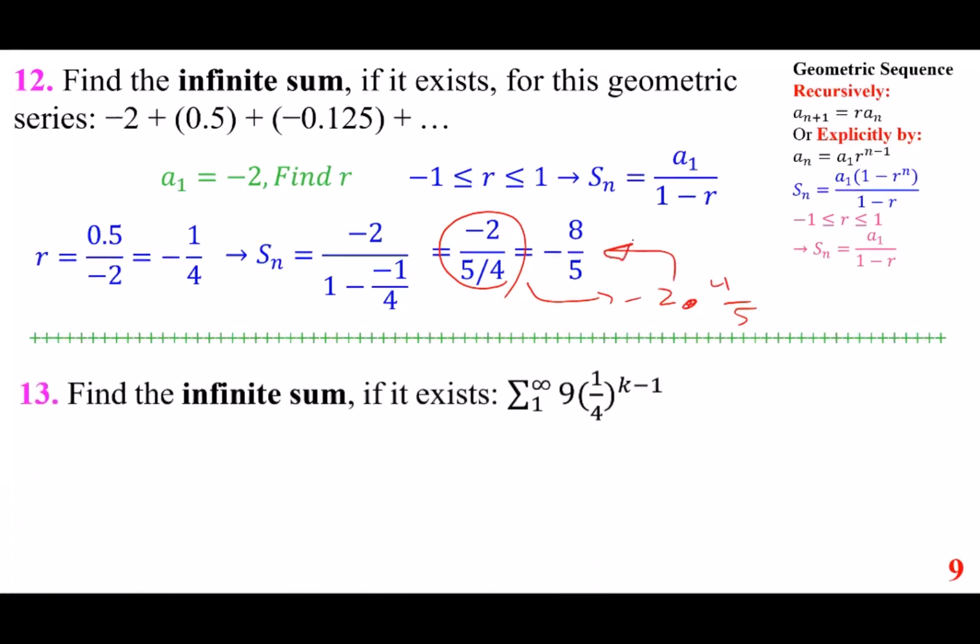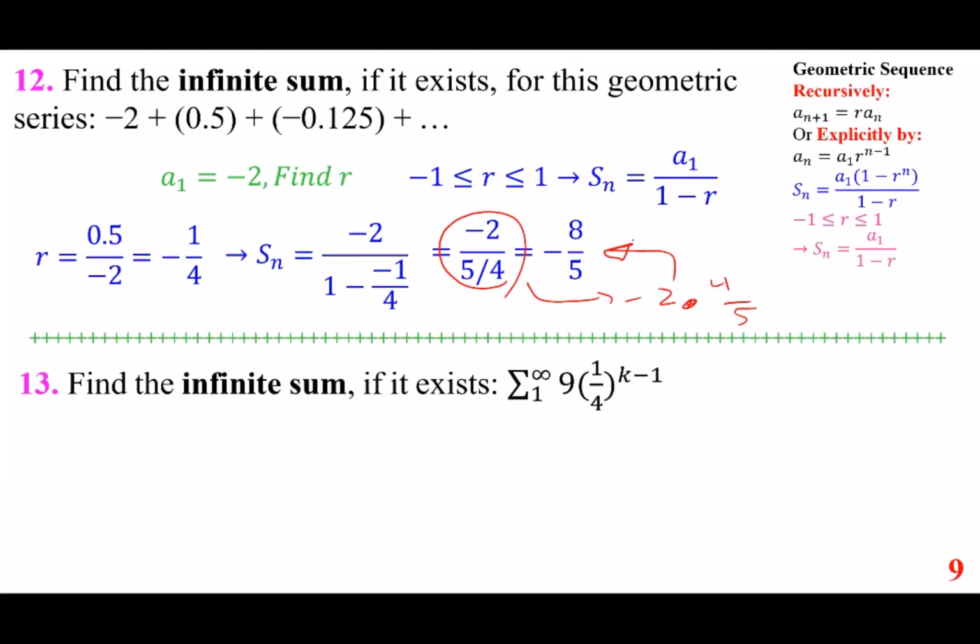We want to do the same thing here, and either you notice just by looking at it that this is a geometric sequence with 1/4 being the R and 9 being the first term, or just write it out. So let k be 1. If k is 1, the exponent is 0, 1/4 to the power of 0 is 1, so it becomes 9.